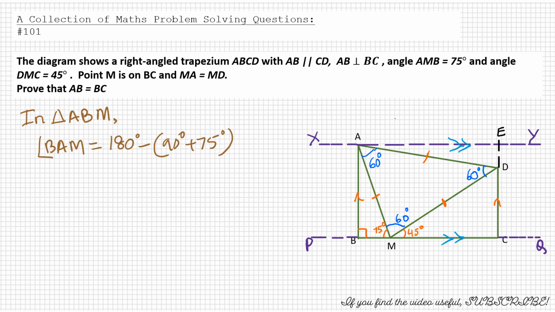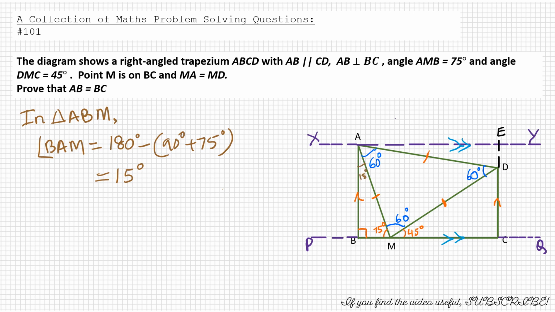The next thing is triangle ABM. We work out angle BAM, or angle MAB, which is 180 minus 90 plus 75, and that gives you 15 degrees.